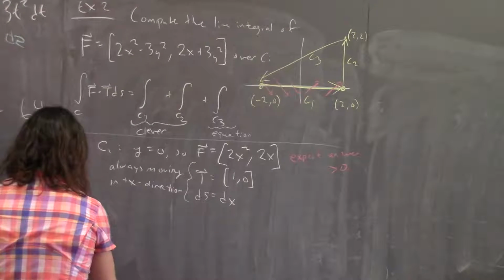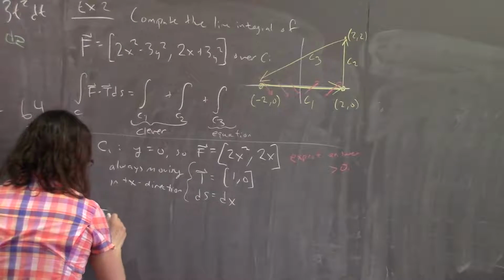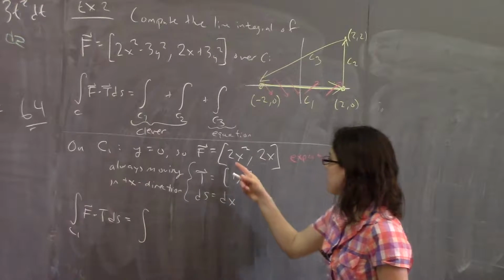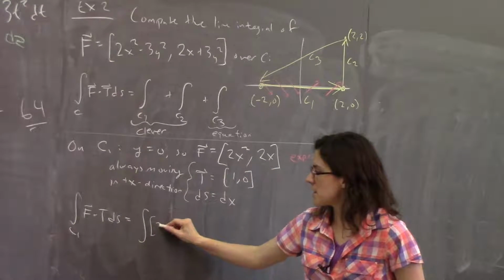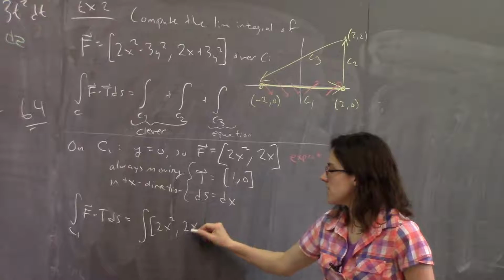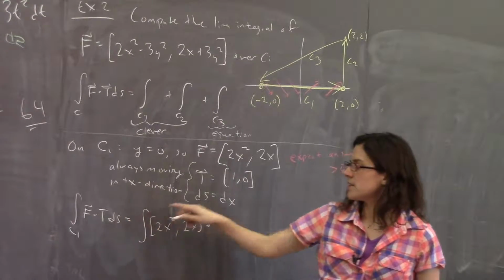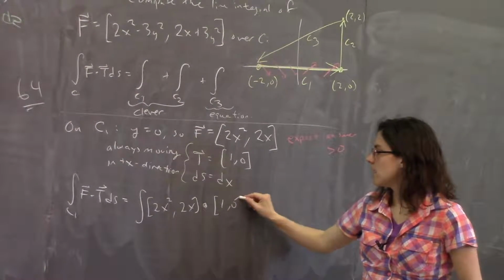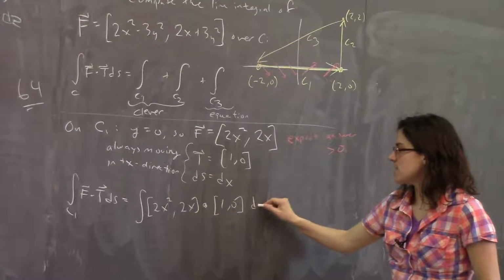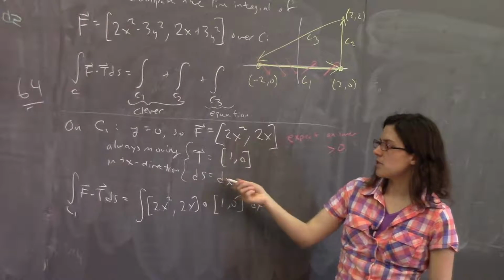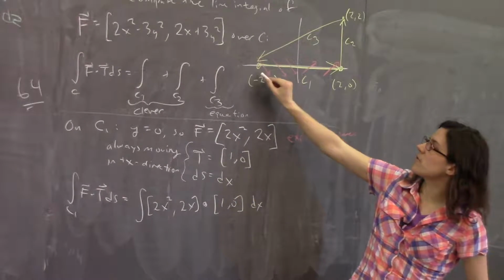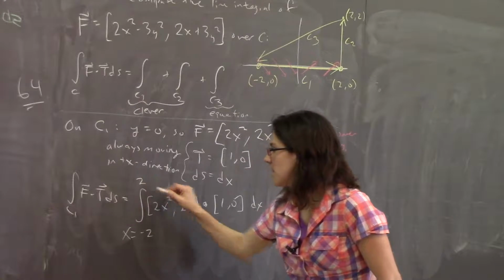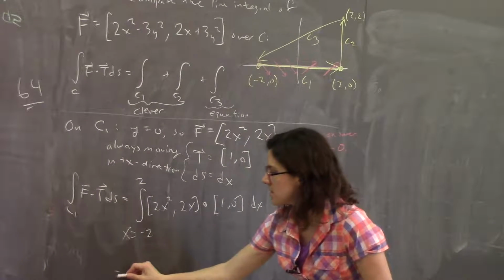So the integral over C1 of f dot t ds is, well, f is 2x squared, 2x. Let's put that in: 2x squared, comma 2x, dot our unit tangent vector, which is 1, 0, times ds, which is dx. We have to figure out which x's we're interested in. x goes from negative 2 up to 2. So let's compute this.